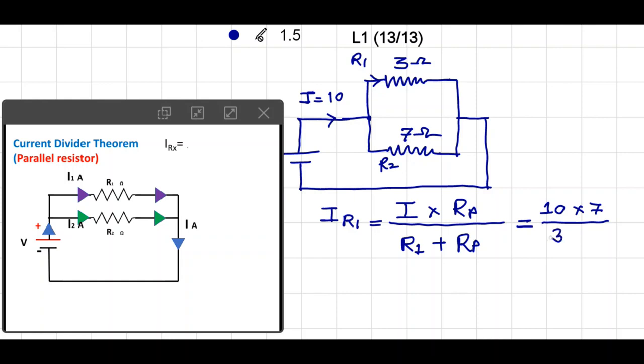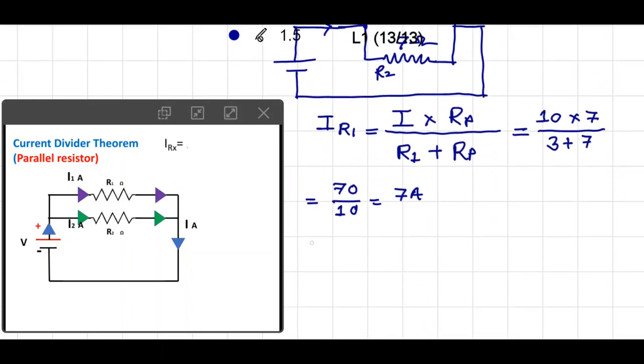So 3 plus 7, that is equal to 70 divided by 10, that is equal to 7 ampere, the current flowing through resistance R1, that is 3. So this way we can calculate the current through any resistance.